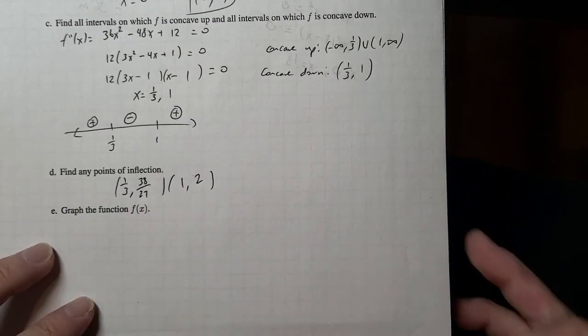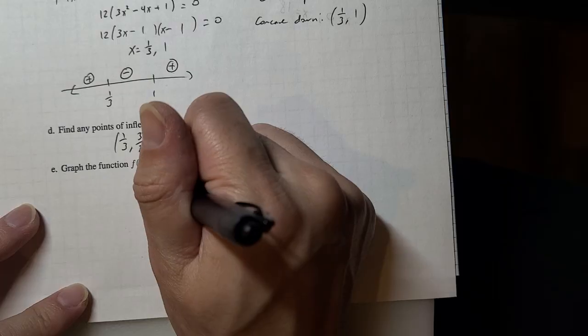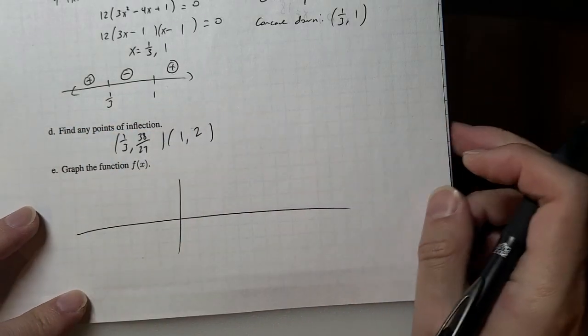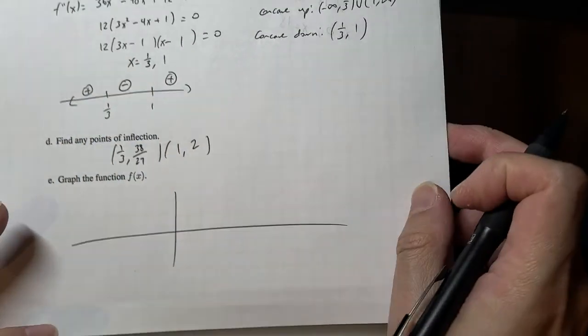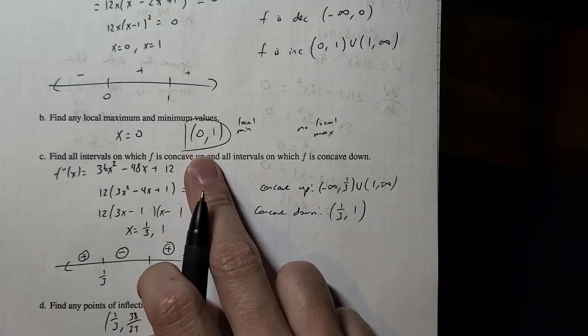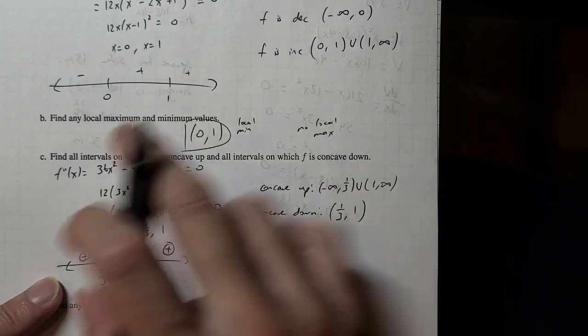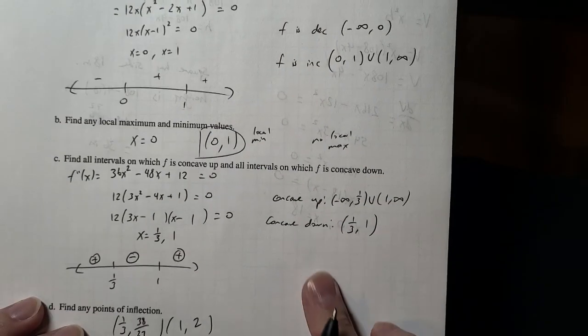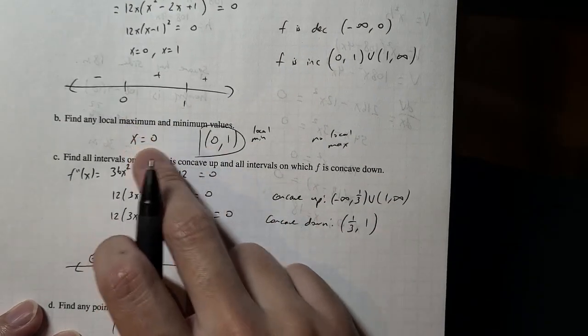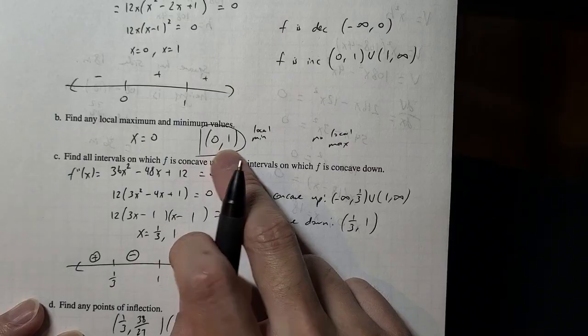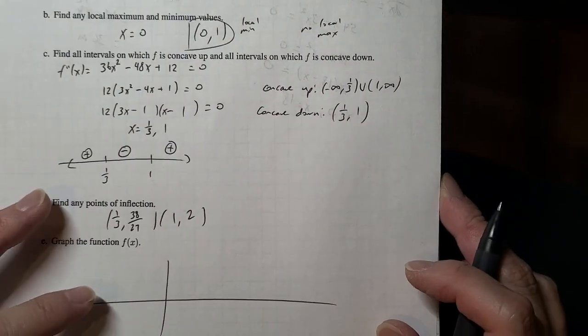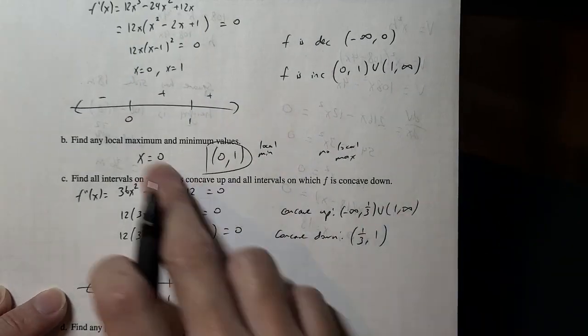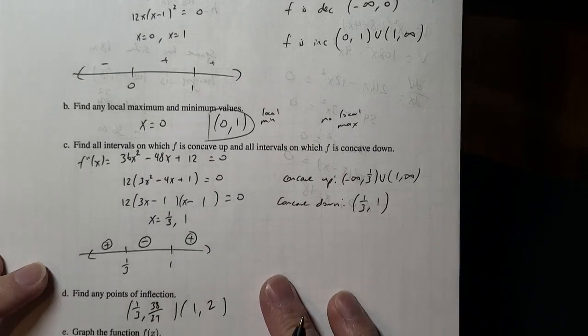Graph the function. This is curve sketching. We know where f is decreasing and increasing, we know when it's concave up and down, and we even know where there's a local min. So let's use these critical points as guides for our sketch.